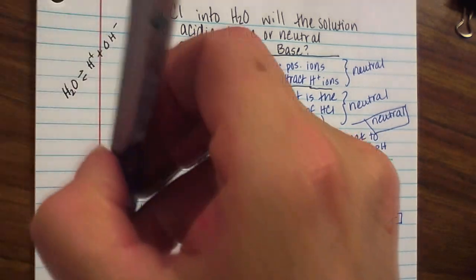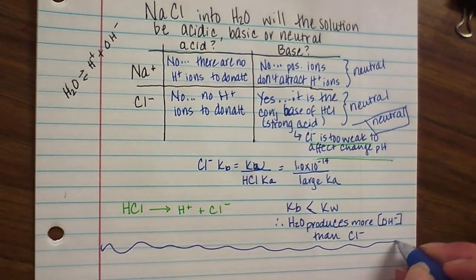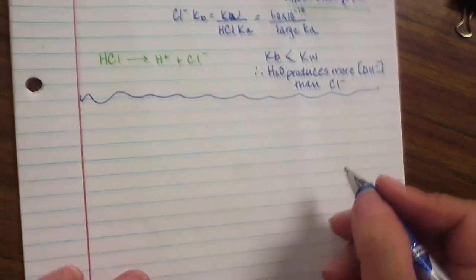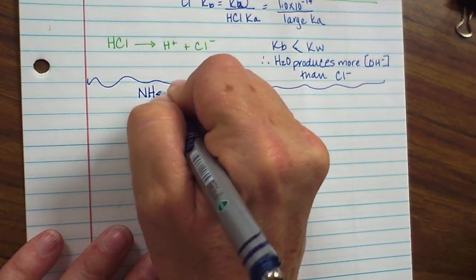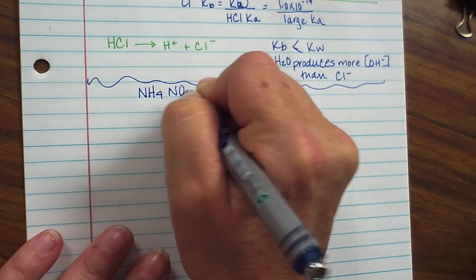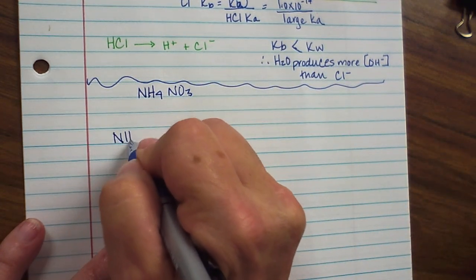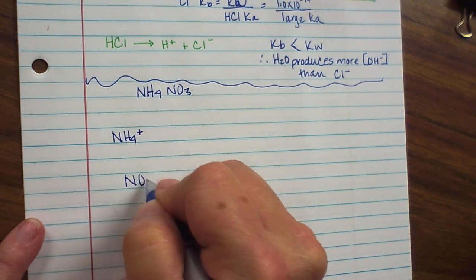Let's use ammonium nitrate. And we're going to go a little bit faster, all right? So I have NH4NO3. The first thing I'm going to do is break it up into my ions: NH4 plus and NO3 minus.